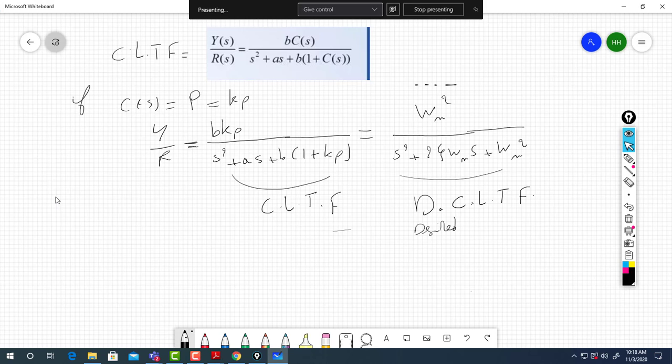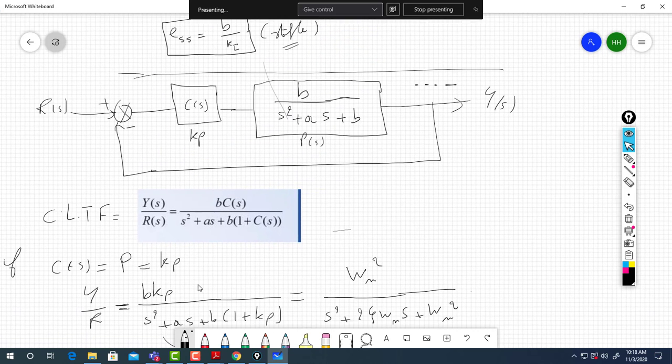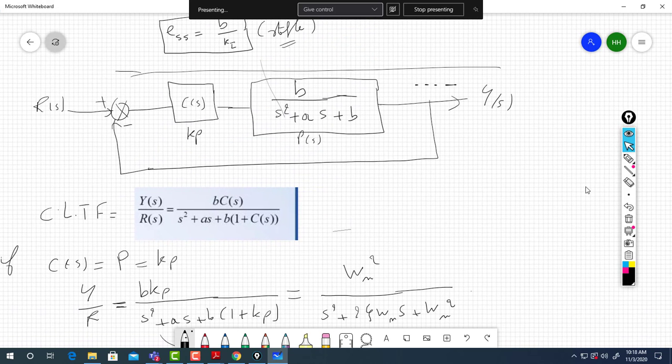So at the end, this is your open loop. It could have poles here, and then for the closed loop, maybe you desire a system that gives you poles maybe here.